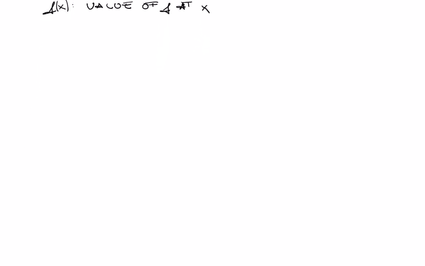Then let's look briefly at two functions that we will actually need, that are in the probability density function. The first thing is the exponential function.